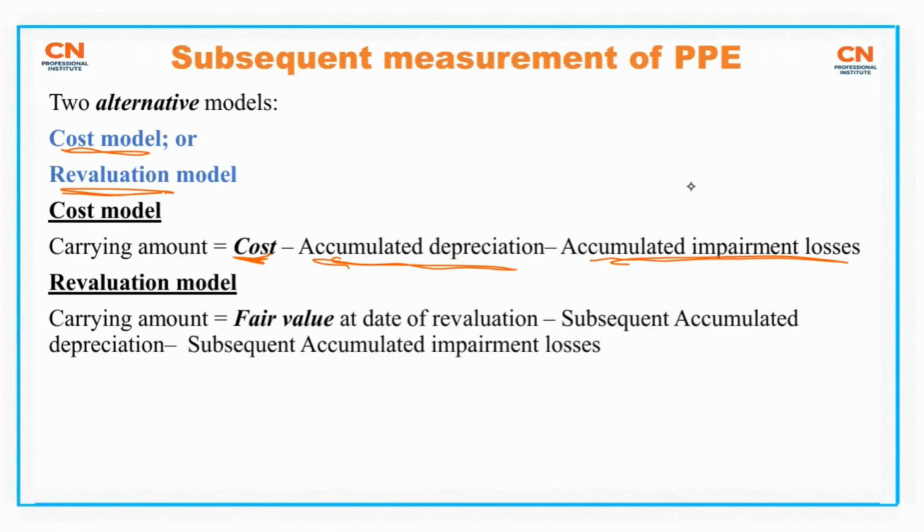Now, if you are using the revaluation model, then to get the carrying value, the carrying value will be the fair value at the date of revaluation, okay, minus subsequent accumulated depreciation and subsequent accumulated impairment losses. But let me tell you something.